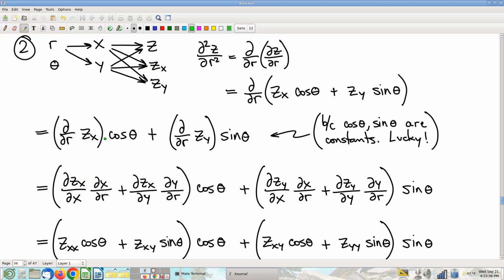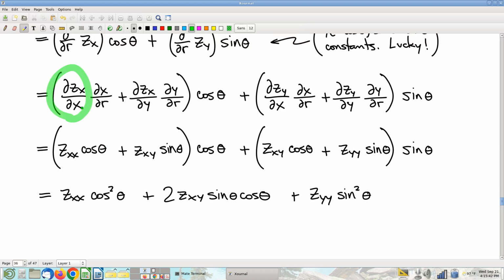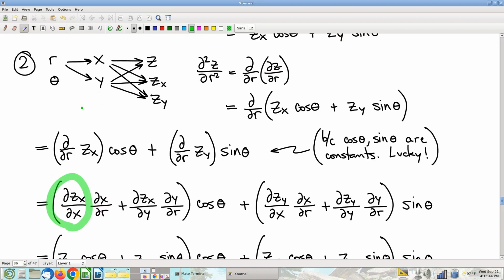Okay, and then there's some wrap-up details here at the bottom. Here we have partial of zx with respect to x. Now, again, let's slowly and carefully, I can view zx as being a function of x and y. I can also just remind myself, z is a function of x and y. And what this says right here is I'm going to take that z, I'm going to take its x partial. Fine, there's no chain rule involved in that.